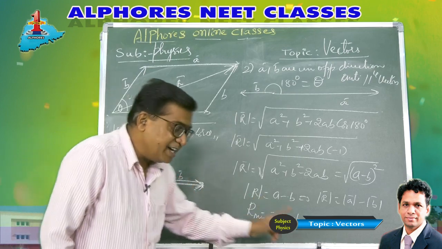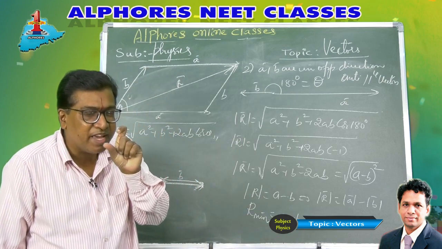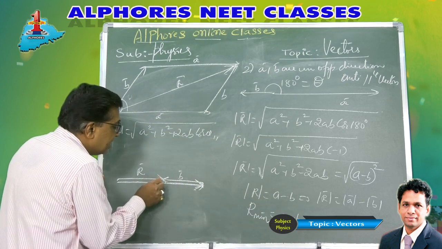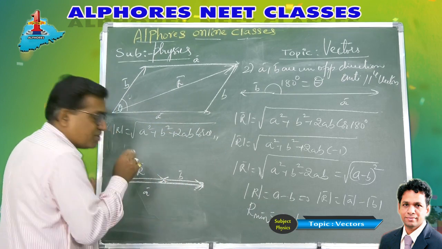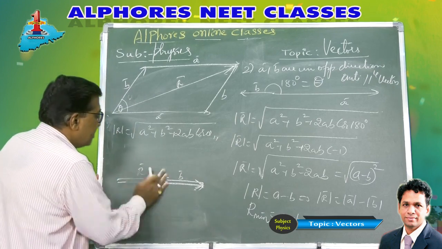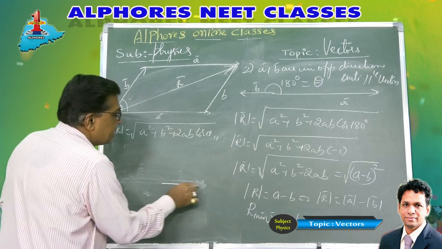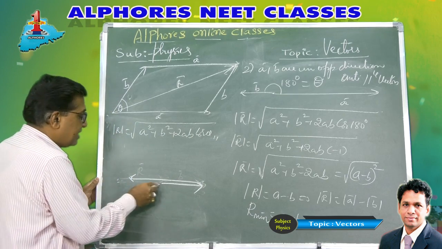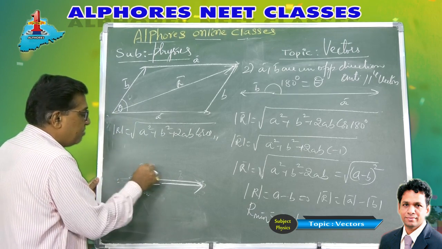Now out of A and B, if the magnitude of A is more than the magnitude of B, then the resultant will be in the direction of A. If A has less magnitude but B has more, then the resultant will be in the direction of B bar.